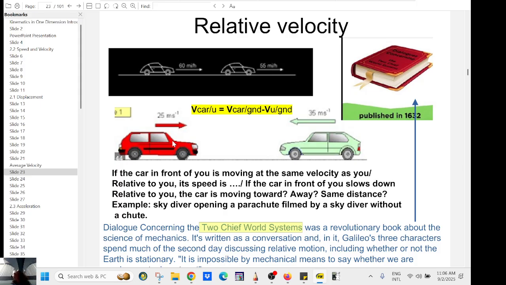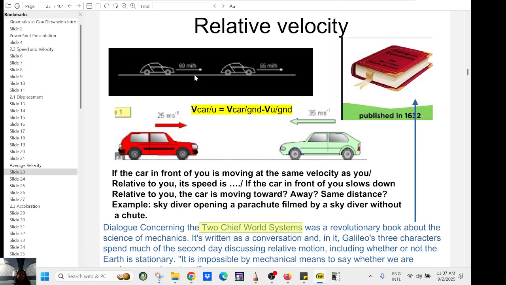Relative to you. So you are inside. This car is coming, but you are coming also toward the car. So you're going to meet really fast. It's going to be 60, because you go toward each other really fast. Right? However, if this one is moving in front of you and this one is 60, do you add or subtract?